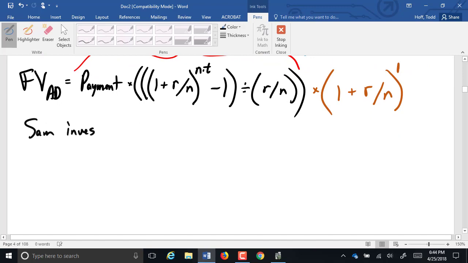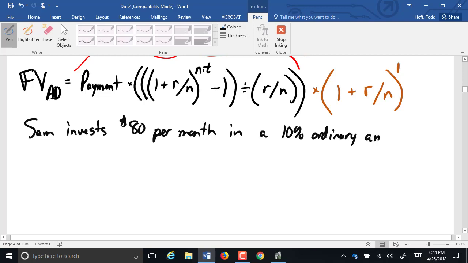Sam invests $80 per month in a 10% ordinary annuity, or not ordinary annuity, sorry, the 10% annuity due for 15 years.